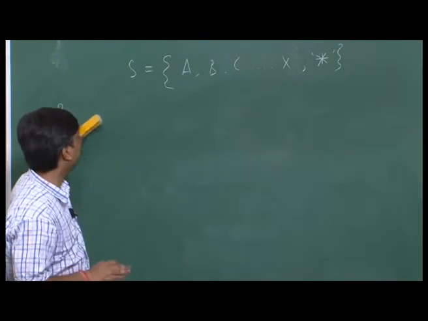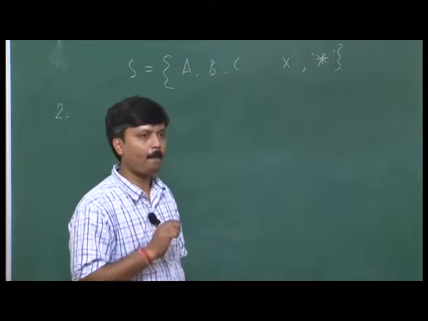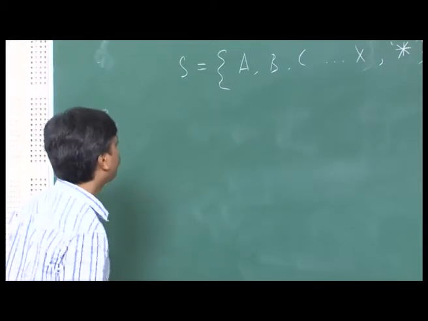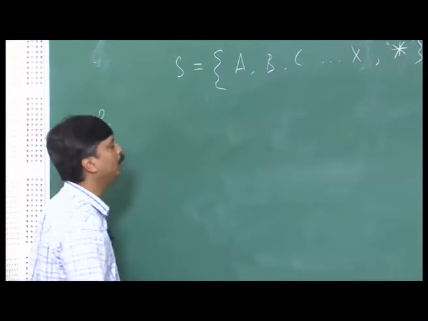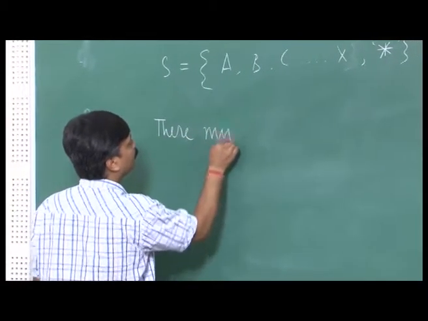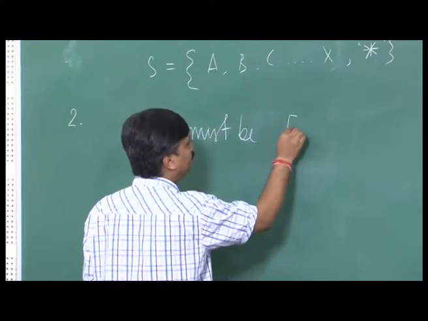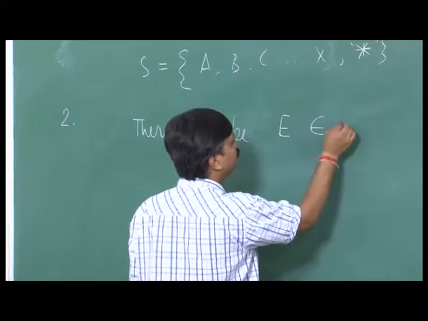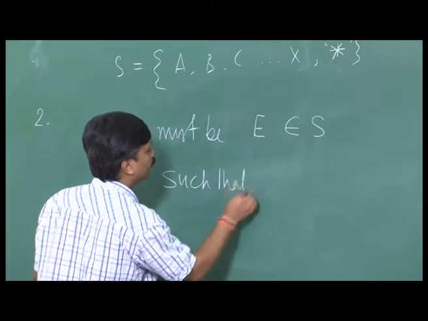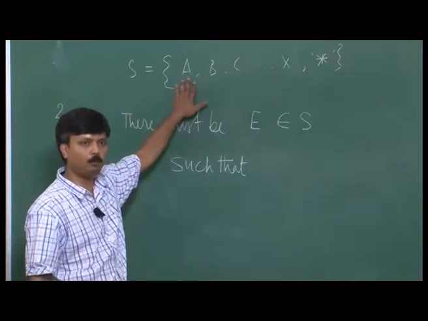Law 2 says that there must be an element E belonging to this group S such that E commutes with any element of this set.